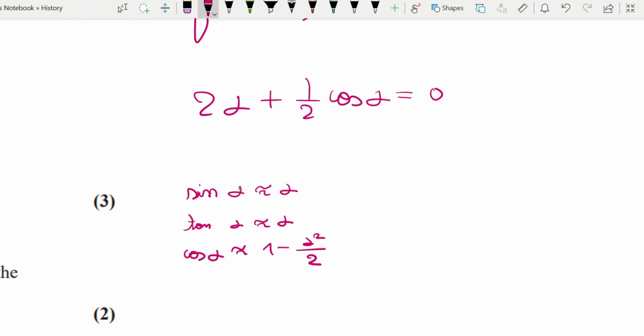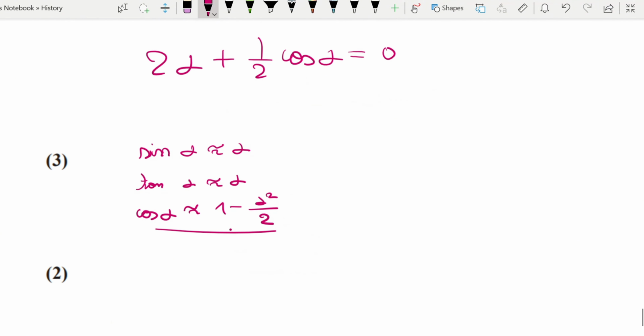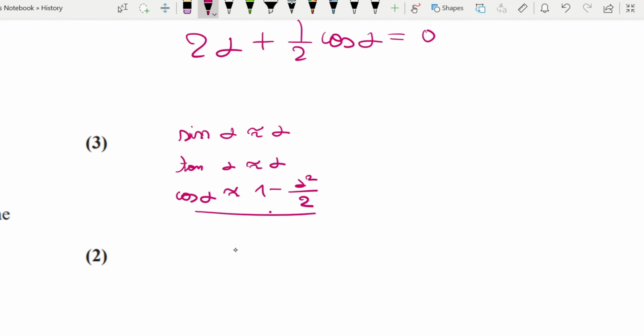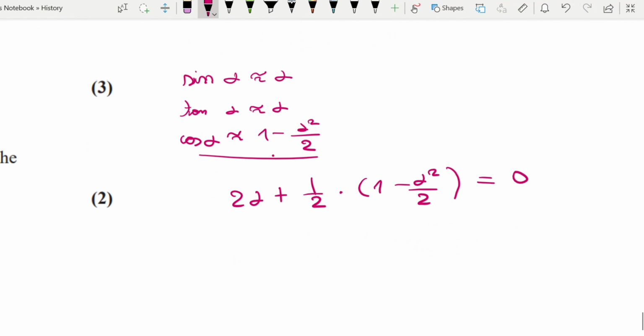So let's substitute the cosine up on top. So we're going to have 2 alpha plus 1 by 2 times 1 minus alpha squared by 2 equals 0.